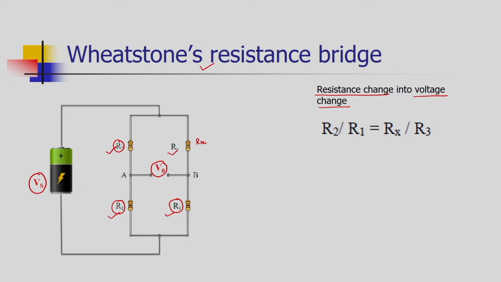The values of these 4 resistors are chosen in such a way that the output voltage V0 should be 0. When the output voltage is 0, we say that the bridge is in balanced condition.